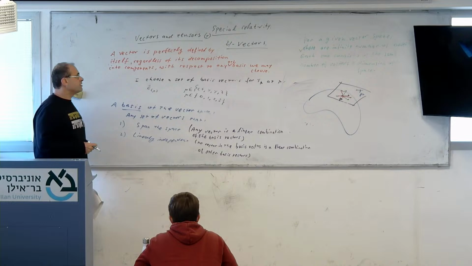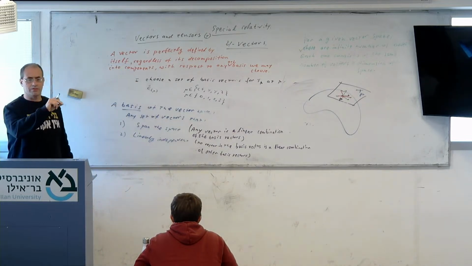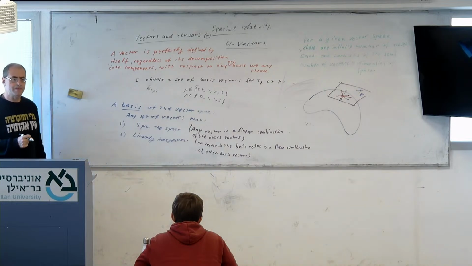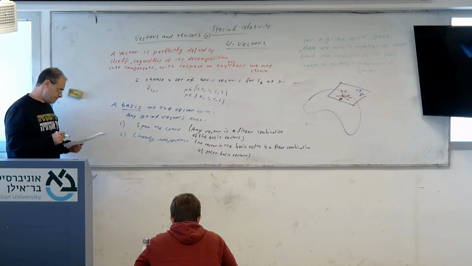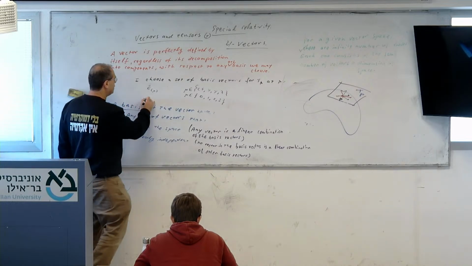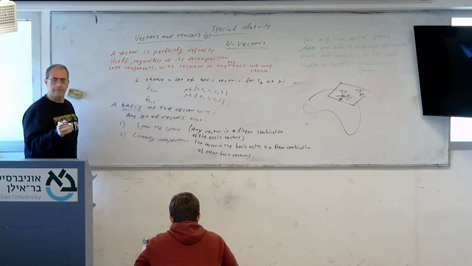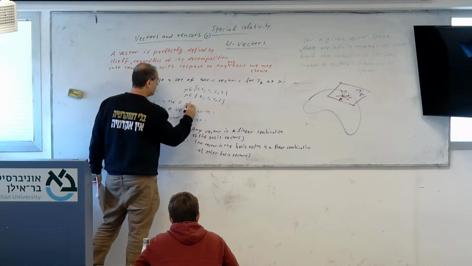Now we can choose whatever set we want, but for simplicity, we're going to take that aligned with the coordinates x, y, and z. We don't want to mess our life too much. So e1 would be in what direction? 1, 0, 0. The x direction.